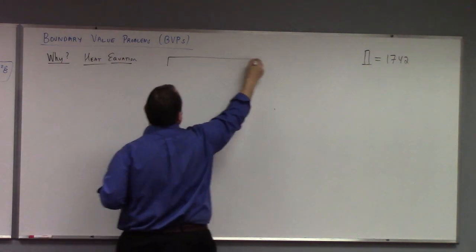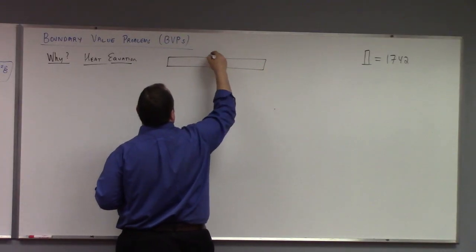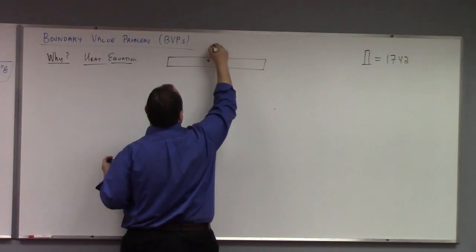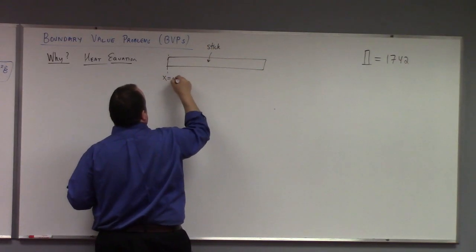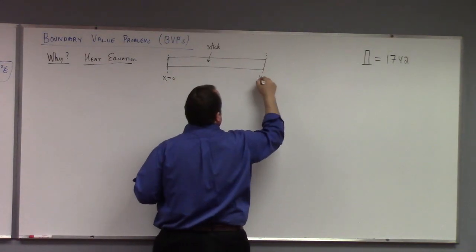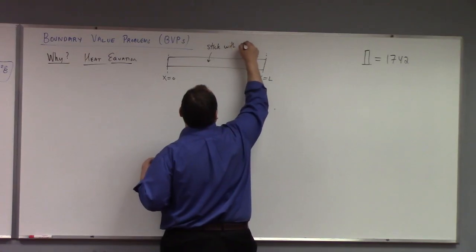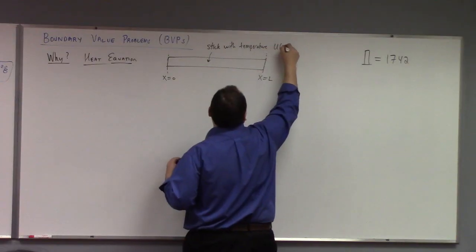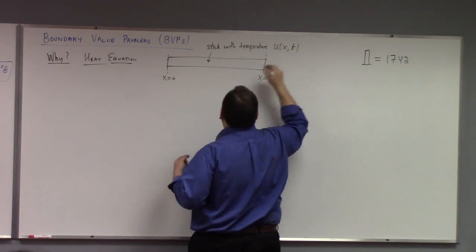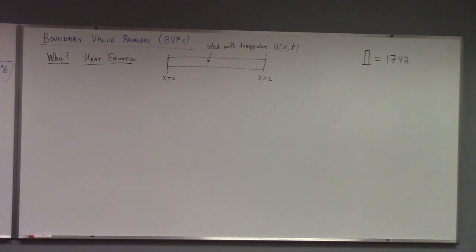If we have a metal stick, some material, where x equals 0 is one end and x equals L is the other, with temperature u of x comma t, we want to study the temperature along the stick in the x direction.